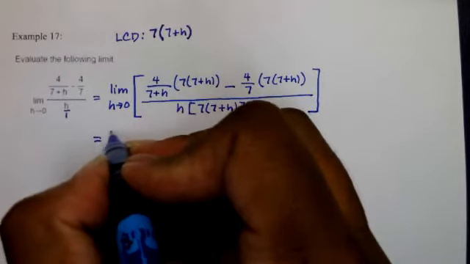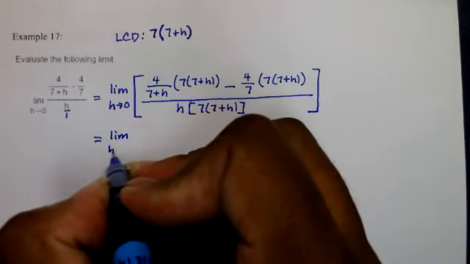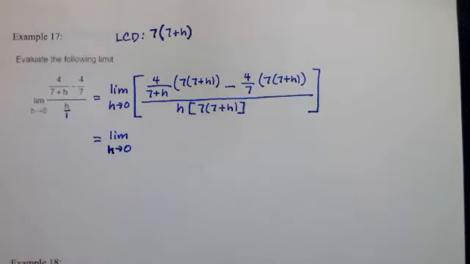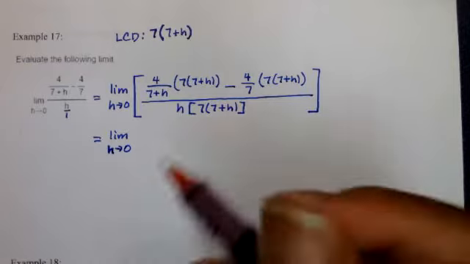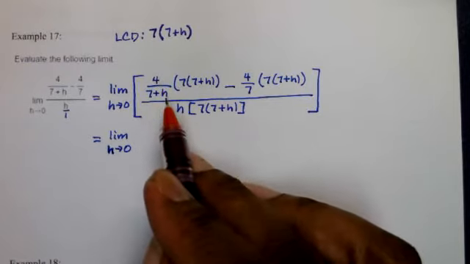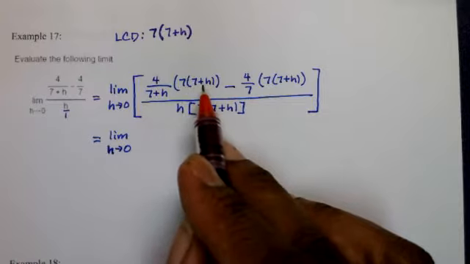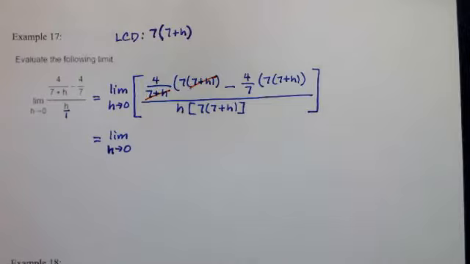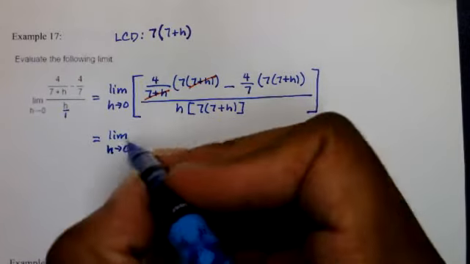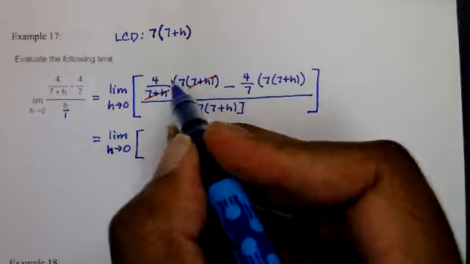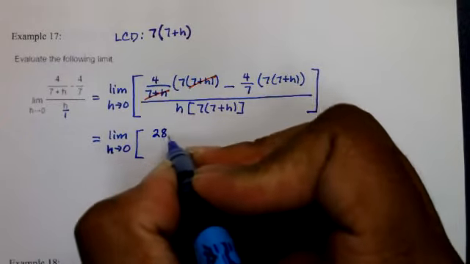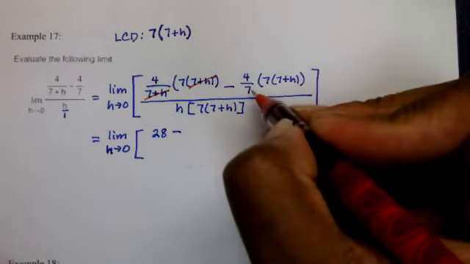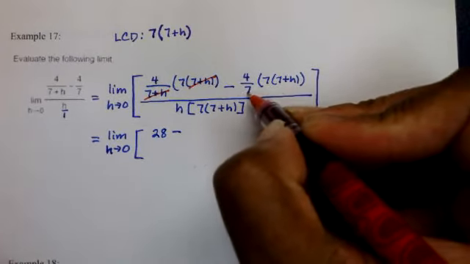All right, next I'm going to bring down the limit as h approaches 0. I'm going to simplify what's inside this bracket. This term right here where I've got 4 over 7 plus h times 7 plus h, the 7 plus h's divide out. And I'm going to be left with 4 times 7, that'll be 28. And then minus, there's 4 over 7 times 7 plus h.